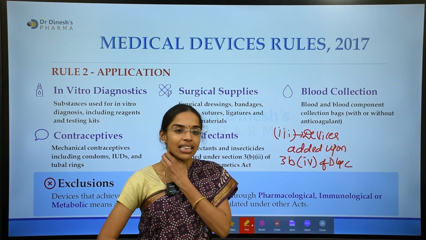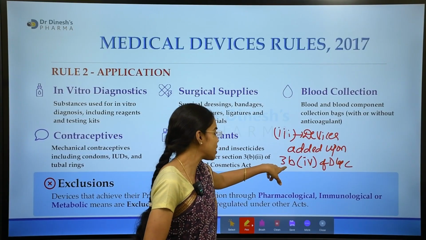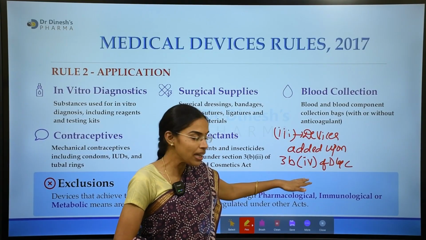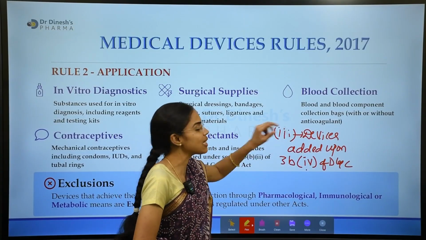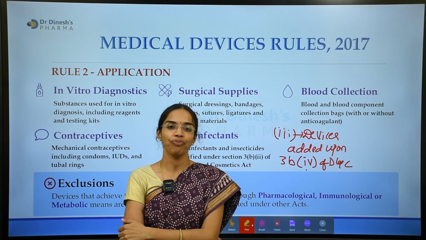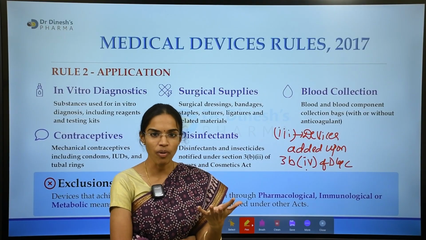The medical devices that will be continuously added under section 3B and subclause 4 of the Drugs and Cosmetics Act come under subclause 3 of Rule 2. Hope I was clear.